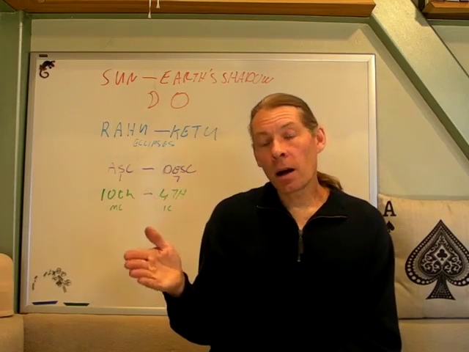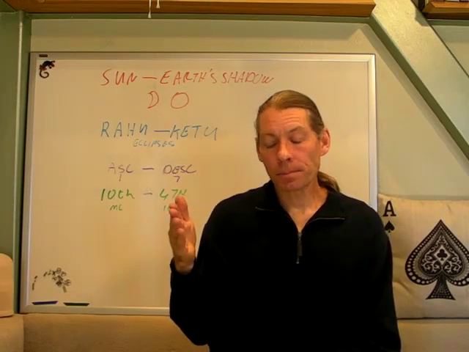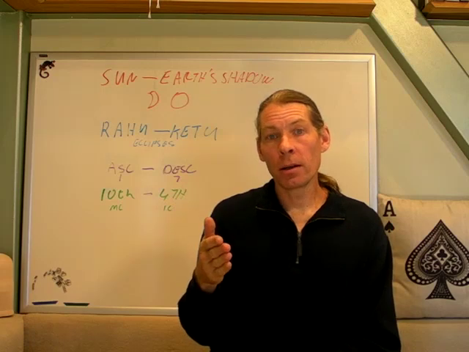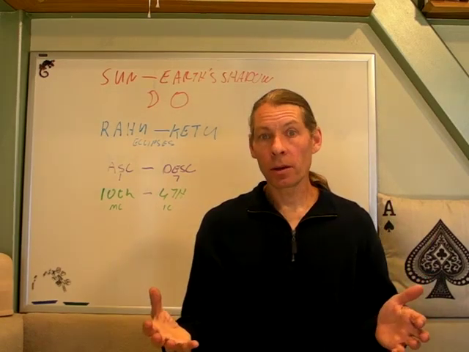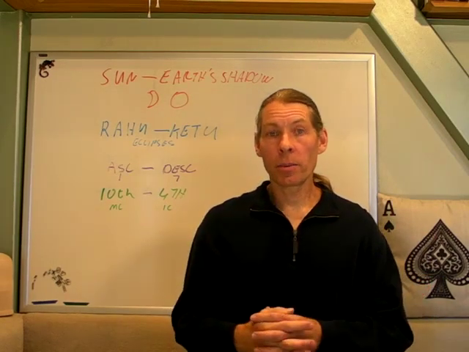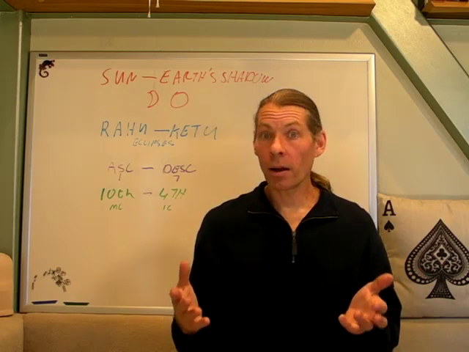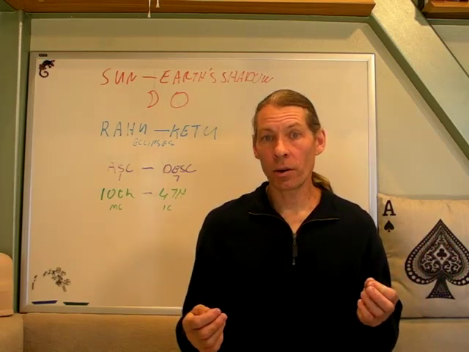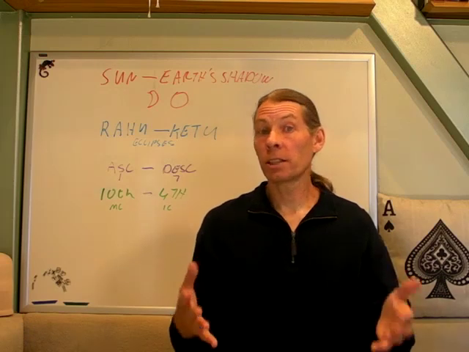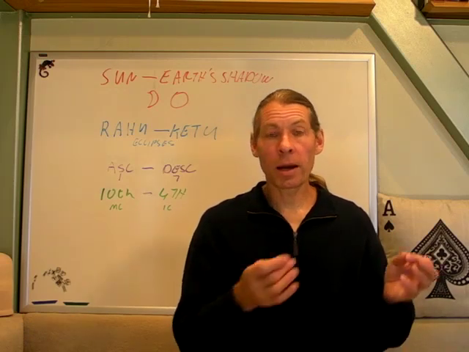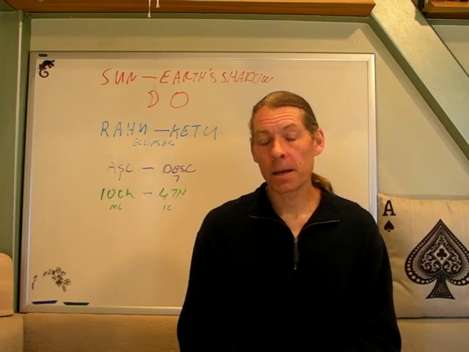And depending on what tithi you're born in, that has an impact in your life because it's determining how much light the moon's getting and also how much light the Earth's shadow is giving. So it impacts not just your moon, it's impacting your Earth's shadow as well, okay?